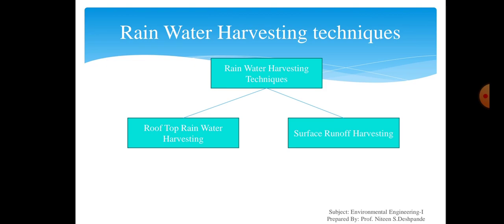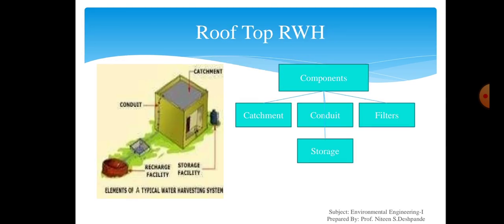Now as far as the techniques of rainwater harvesting are concerned, there are two types: rooftop rainwater harvesting and surface runoff harvesting. Okay. So here you can see in the diagram, there are 4 components of rooftop rainwater harvesting. The rainwater is collected during the monsoons in the catchment area, which is the roof itself.